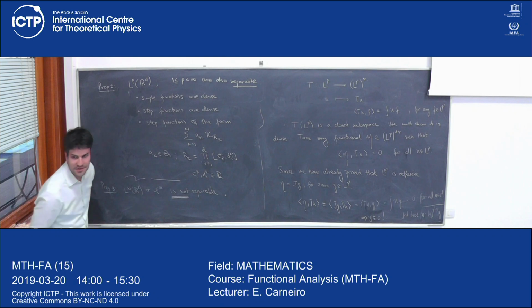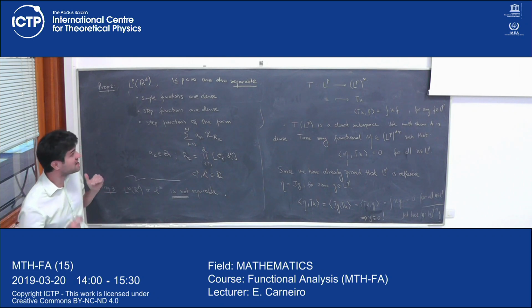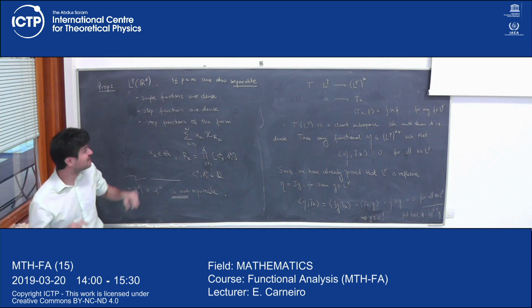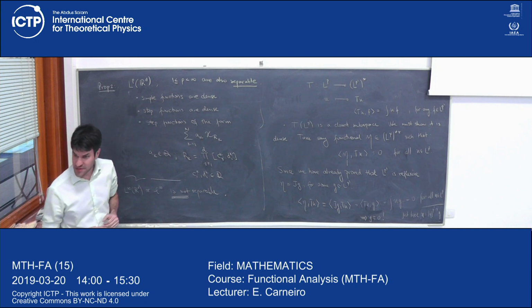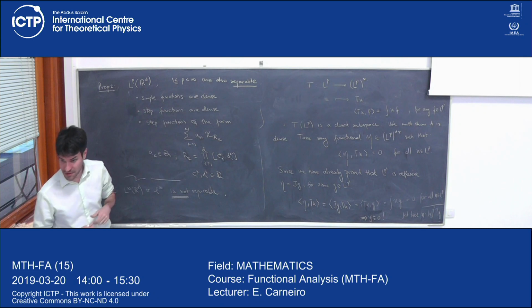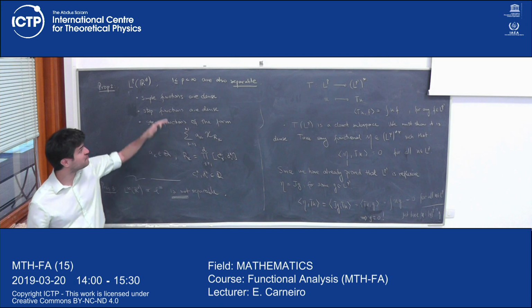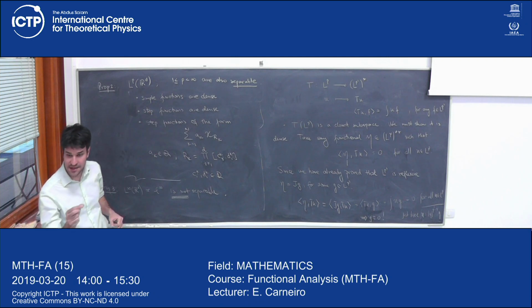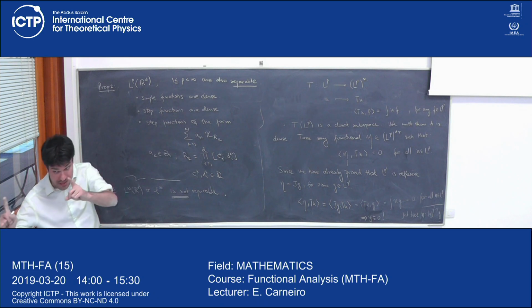Okay. How do I show that this is not separable? We have seen that if I am on L infinity, then simple functions are no longer dense, right? Step functions are no longer dense. So this means that this proof does not work. Remember, a simple function was just a finite linear combination of characteristic functions of sets of finite measure.